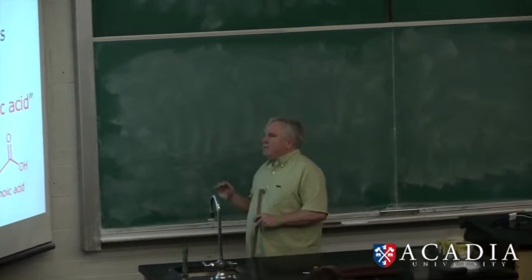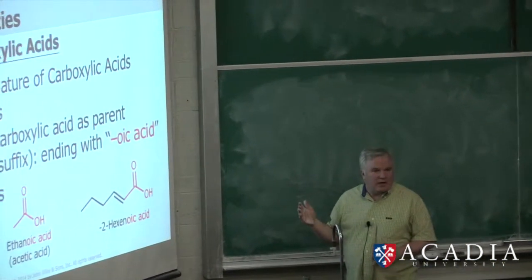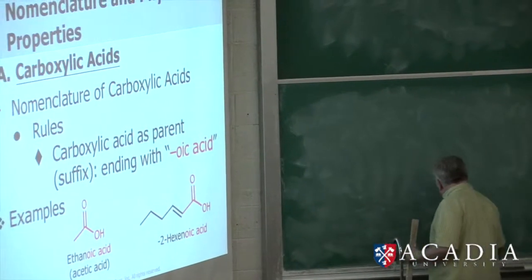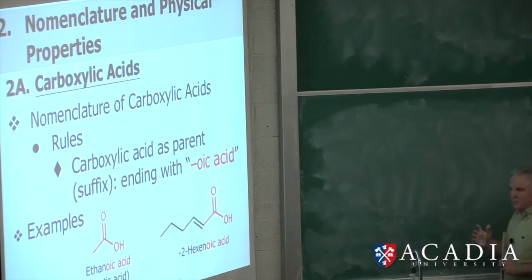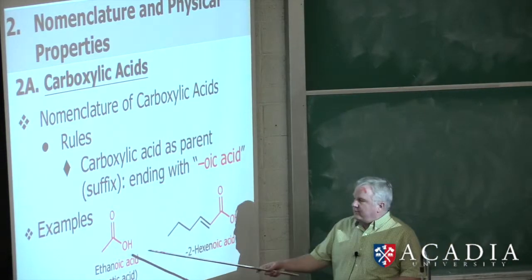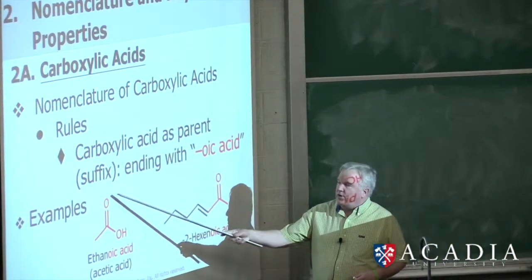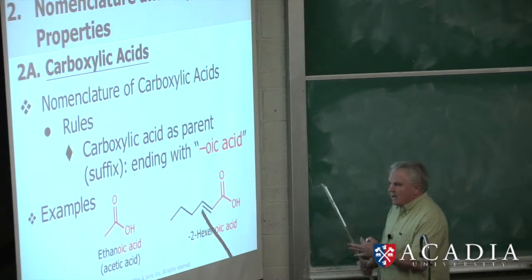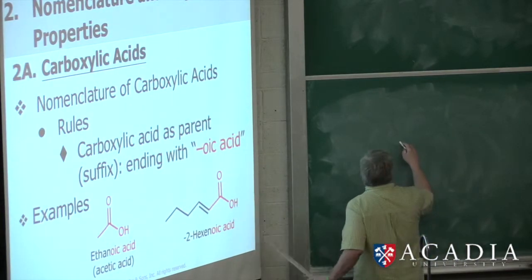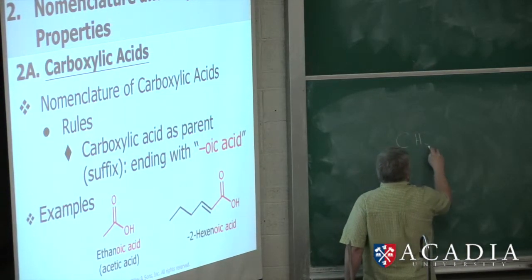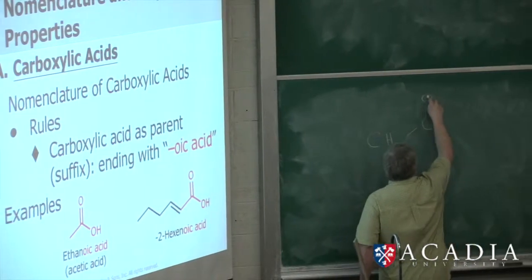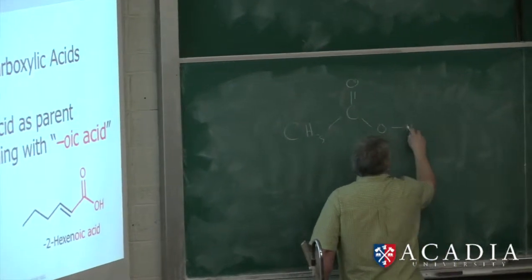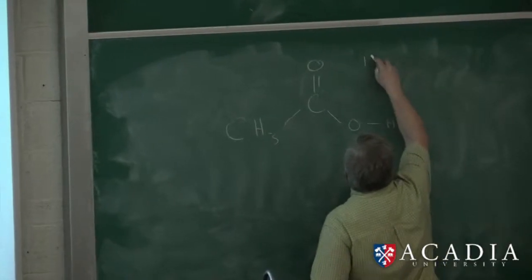We're going to talk a little bit. Carboxylic acids are high boiling compounds, and the reason they're high boiling is because they have a hydrogen bond donor, and they also have hydrogen bond acceptors. Ironically, even in the gas phase, they can hydrogen bond.